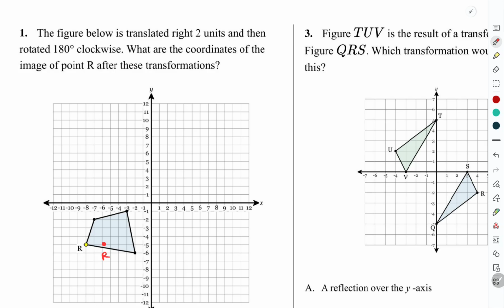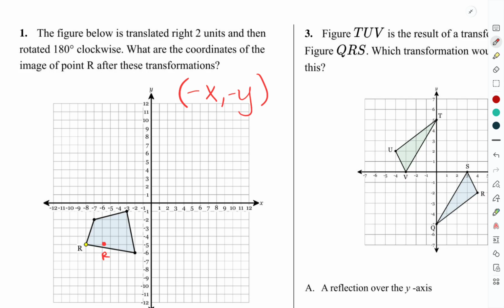And then if I'm going to rotate 180 degrees clockwise, first of all, 180 degrees clockwise or counterclockwise are the same thing. And my rule when I rotate 180 degrees is I switch the sign on both the X and the Y. That's the mathy rule. Obviously, maybe we could just picture it.